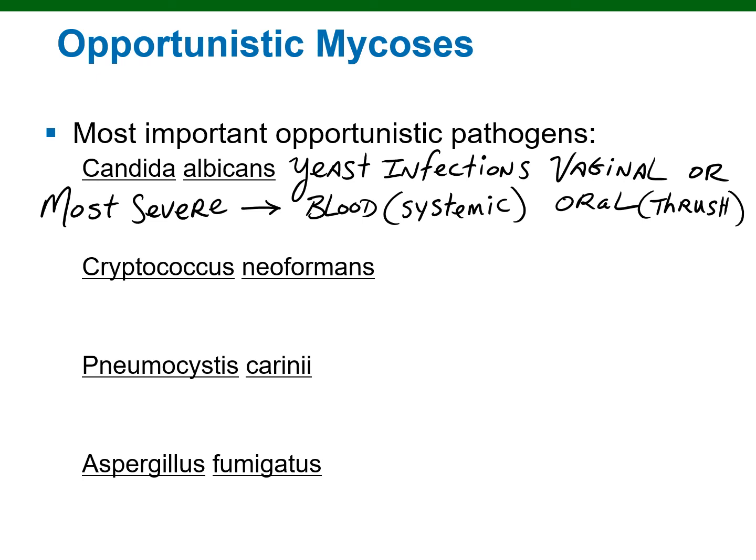Oral candidiasis, as a special note, can also be one of the first signs of AIDS. So when people suffer from human immunodeficiency virus infection, HIV infection, this can lead to an immunocompromised condition called AIDS, acquired immunodeficiency syndrome.